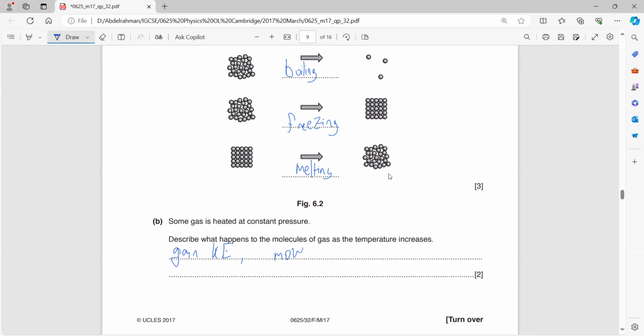And they move faster. Okay. More frequent collisions with the walls. Okay, that's not wrong.